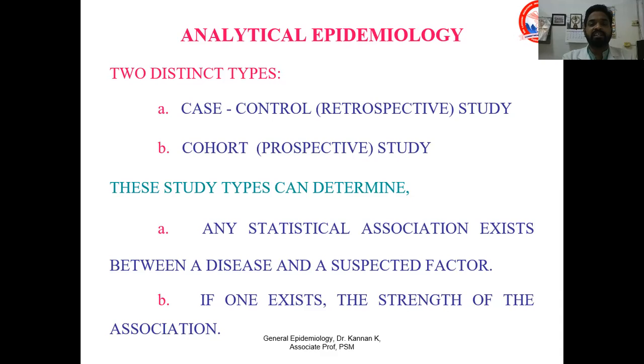These study types can determine whether any statistical association exists between a disease and a suspected factor, and if one exists, the strength of the association. Suppose there is a relationship, then what is the strength of that particular risk factor or association? That we are going to elicit with this type of analytical epidemiology.